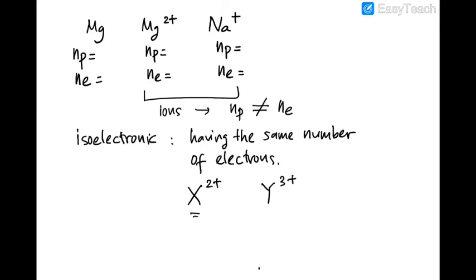If they both have the same number of electrons, for instance, I'm just going to put any number that's on my mind right now, 7. If they have the exact same number of electrons, then we call these two an isoelectronic pair.